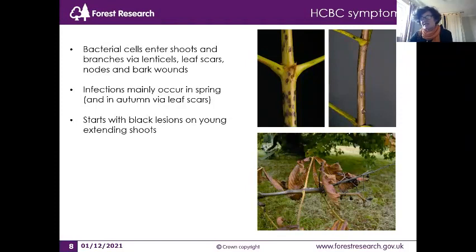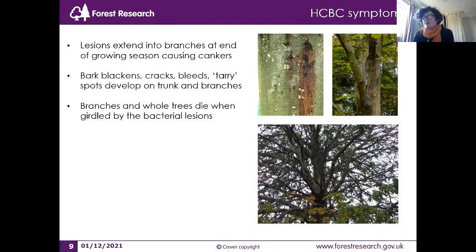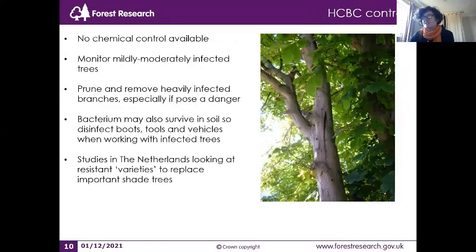They extend down the young shoots, and when they get to the main stem and the branches, they cause cankers. You get these tarry spots, as you can see on the photograph here, bleeds and cracks on the bark, which are very typical of horse chestnut bleeding canker, and that gives the disease its name. Then branches and whole trees die when they're girdled by the bacterial lesions.